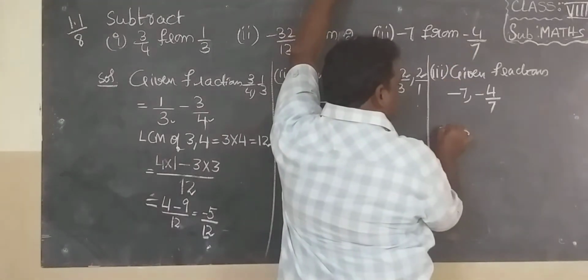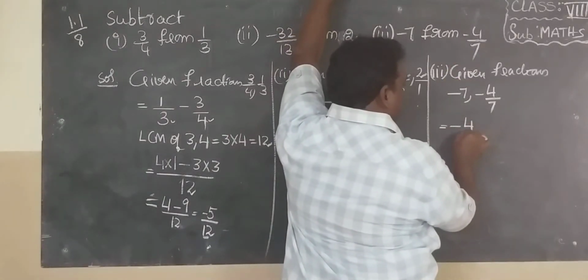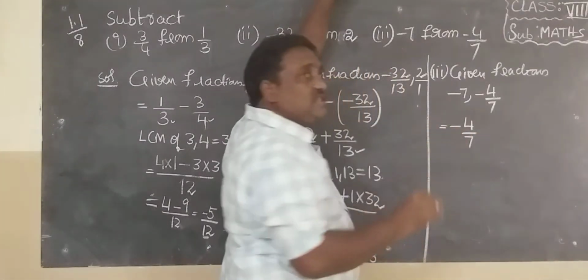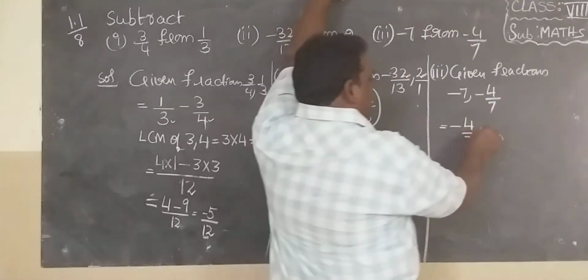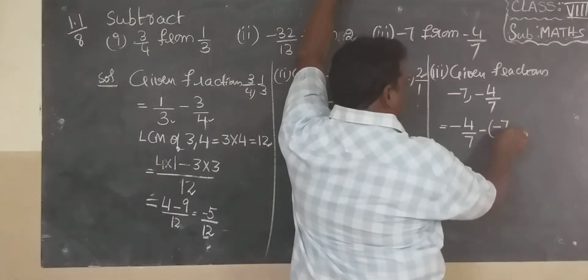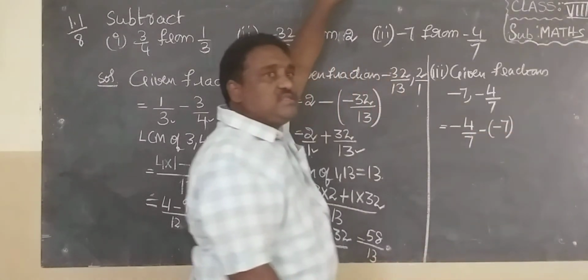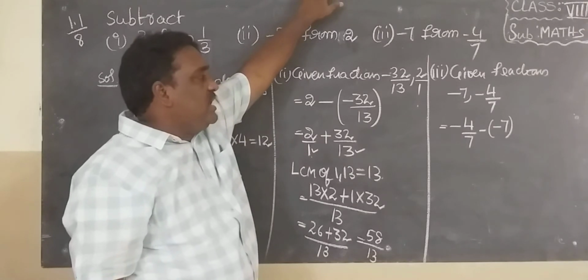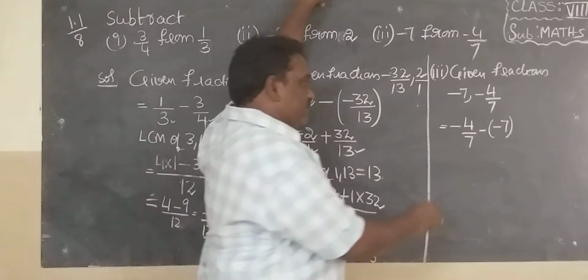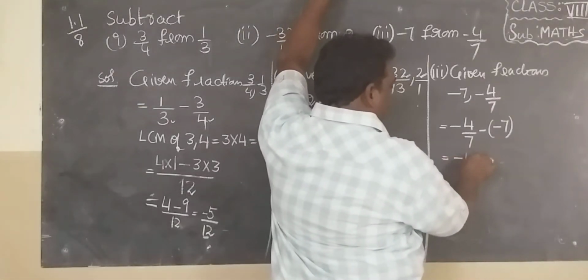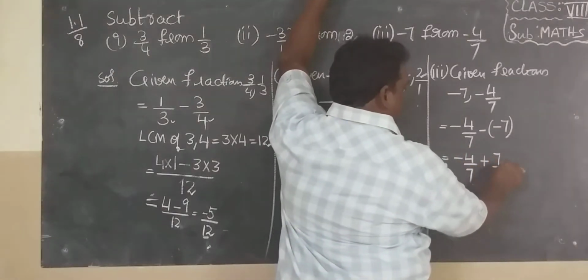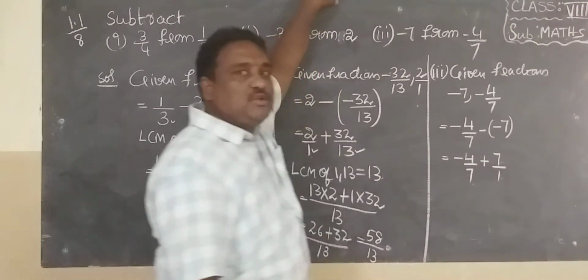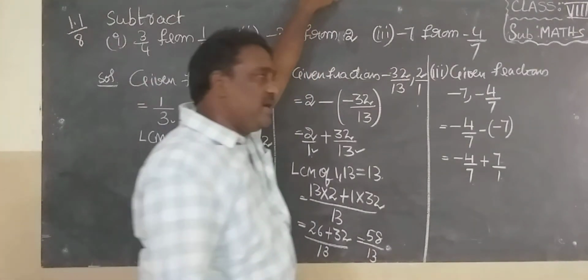Let us start with minus 4 by 7, but not with minus 7. So minus 4 by 7 minus of minus 7. Then minus 4 by 7, minus into minus is plus 7 by 1.